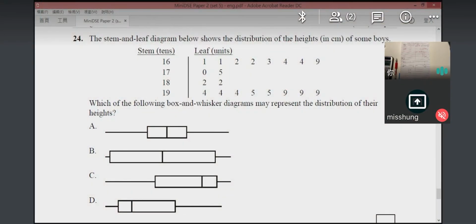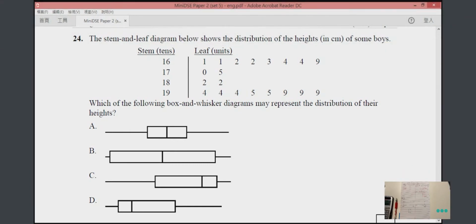For option A and option B, you can see that the interquartile range is big in one. B is big, and then A is very small. So you can take a look at the Q1 and also the Q3. For A, the interquartile range is very small, right? And for B it is big.